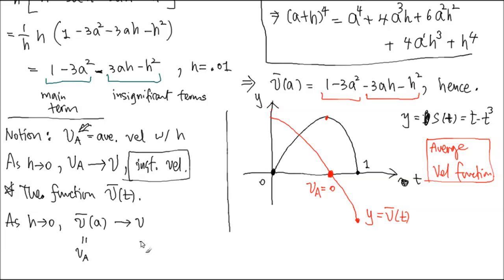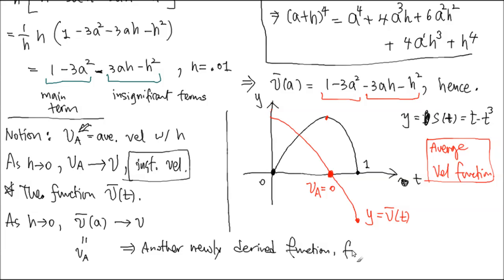So does it look like an algorithm? I give you an a, compute the average velocity by making the time interval shorter and shorter. So that's a new algorithm, right? That gives you another newly derived function. Function from what function?